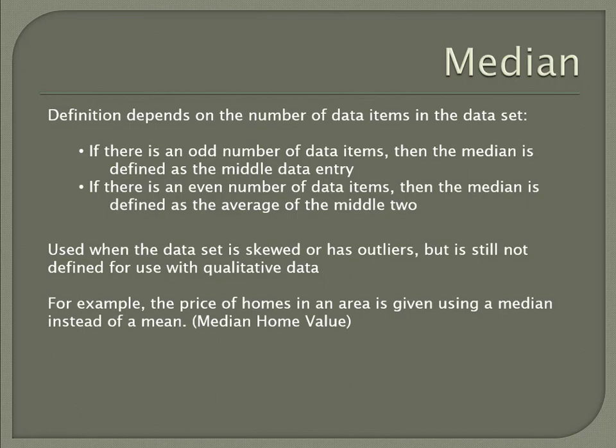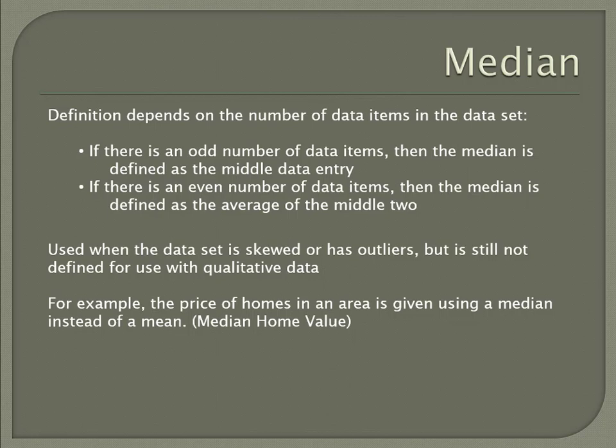So let's take an example and say the price of homes in an area. Generally, we hear about this as a median home value rather than an average home value. And the reason is that there are very likely outliers in your data set.